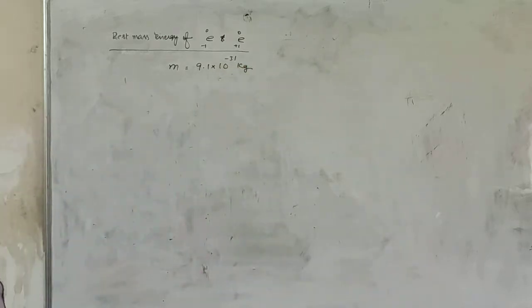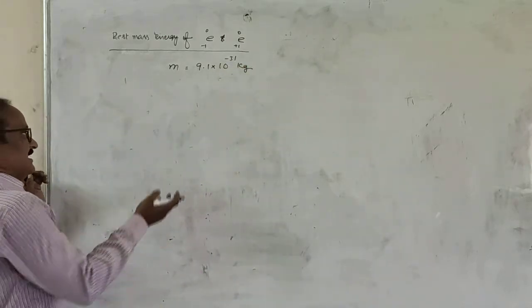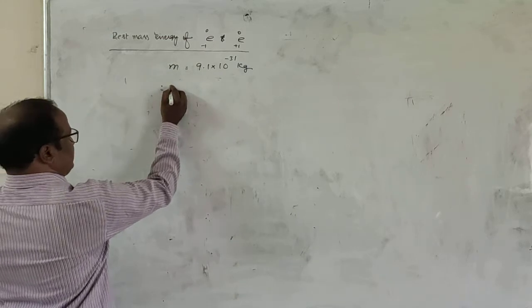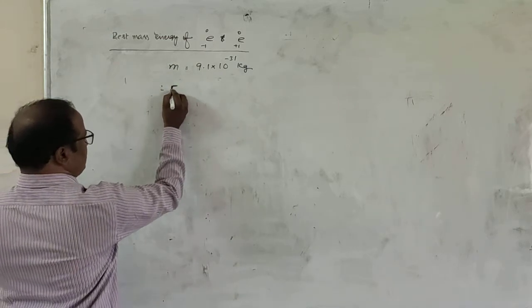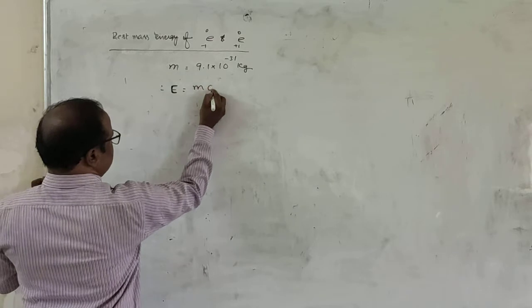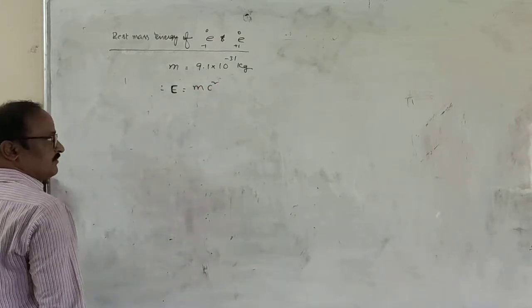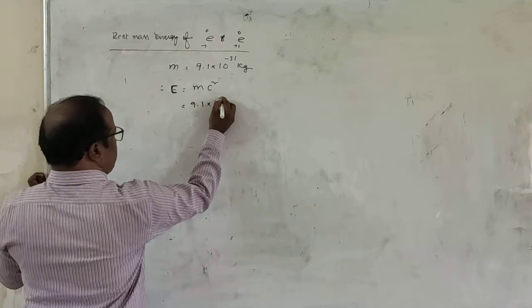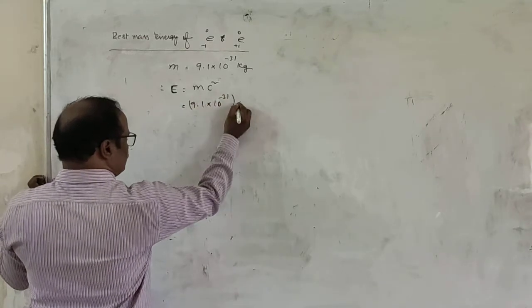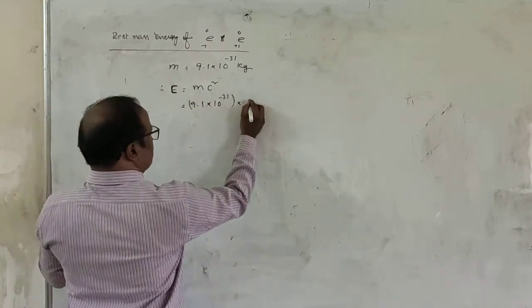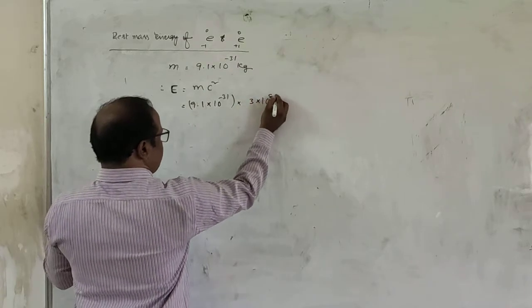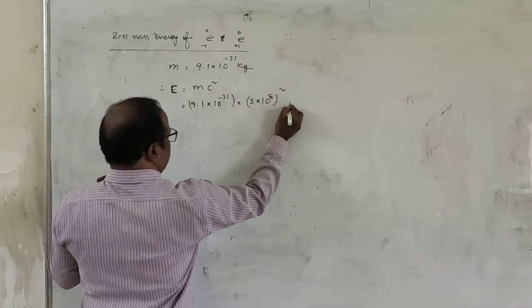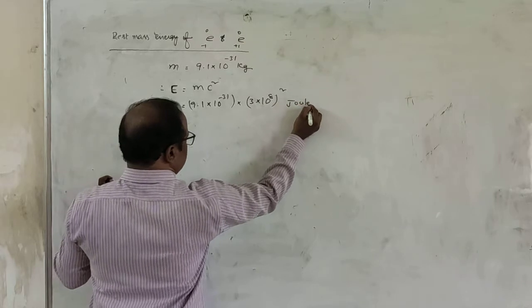This is the rest mass of the electron. The energy corresponding to this mass is given by Einstein's formula, E is equal to mc square. Suppose m is equal to 9.1 into 10 power minus 31 kilograms into the velocity of light, 3 into 10 to the power 8 meter per second, whole square, and the total value is obtained in joules.